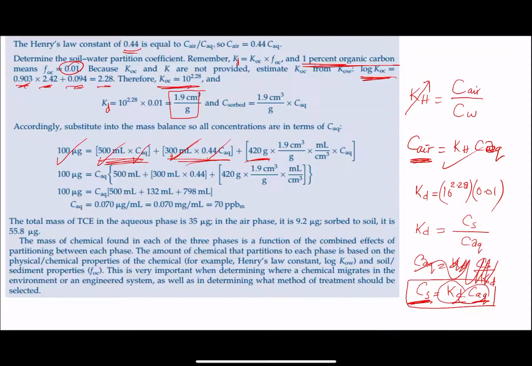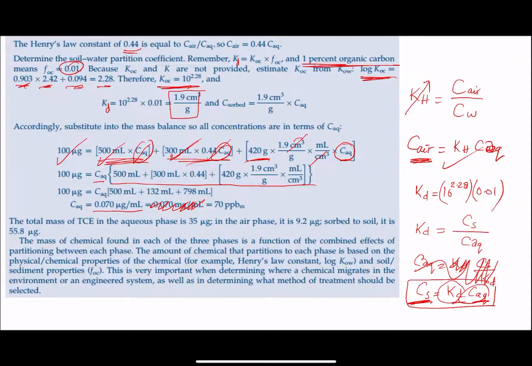KD is 1.9. Of course, you change centimeter cube to milliliters so you could cancel everything else at the end. Now we have C aqueous in every term. You could take it as a common factor and then add up everything else. You will end up with 0.07 microgram per milliliter.